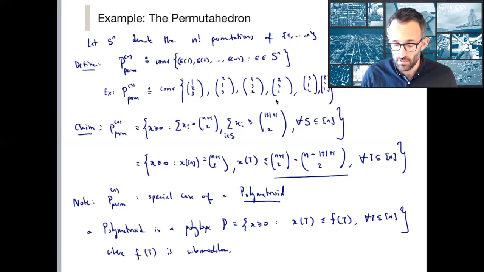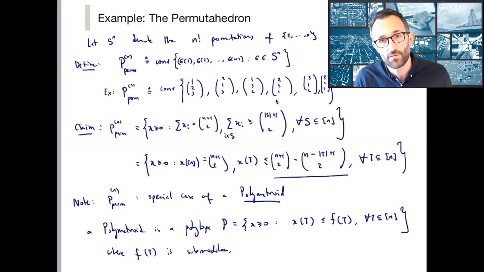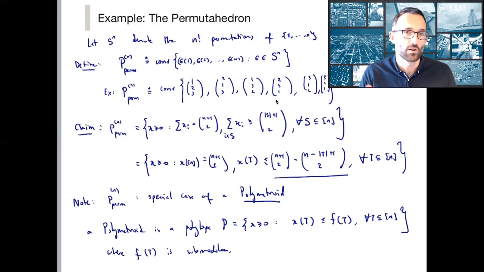Any set function f that depends only on the cardinality of the set, and in a concave way, is submodular. So polymatroids are a very rich topic that we're really not going to have time to cover in any depth. We're just focused on the Permutahedron, but it is a special case of this, so it's worth mentioning.